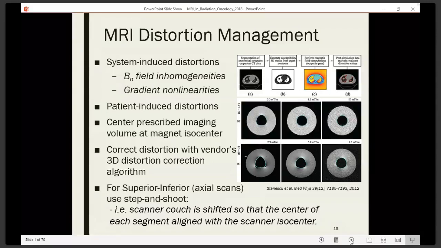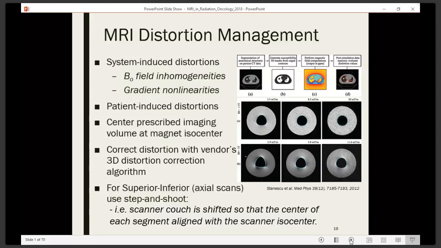So the center of the magnet we usually call the isocenter, and that's where the prescribed imaging is done. And usually if you're doing small fields of view, you can position the body part you're interested in and image in the middle of the magnet, and you get really good geometric reproducibility.